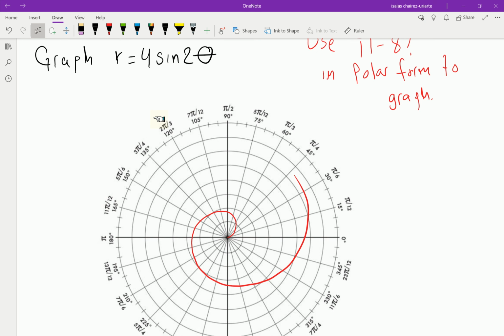And if you want to just verify your work, just use your calculator. Put your calculator in polar form and graph it. And if you graph this 4 sine of 2 theta, what you end up with is this kind of little spiral thing. So hopefully you agree with that.